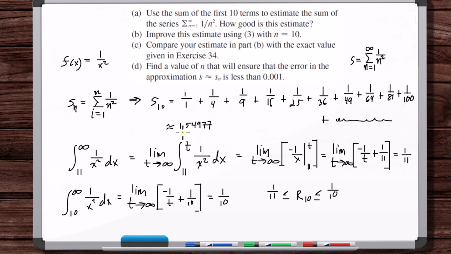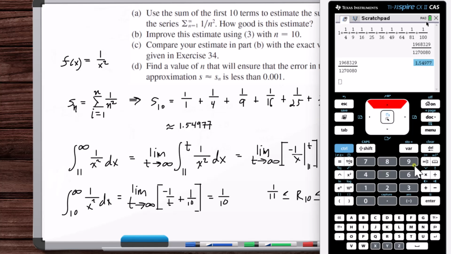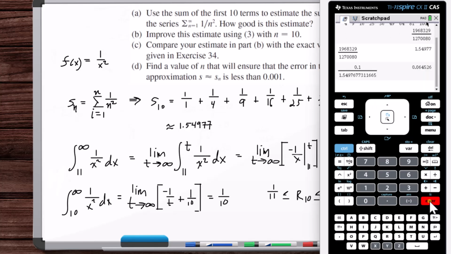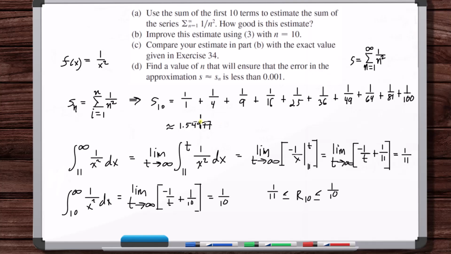So this is at worst 1/10 off, so 0.1. Okay, so we can look at it this way. Take 0.1 and divide it by this. 6.5%, approximately. 6.5% accurate.